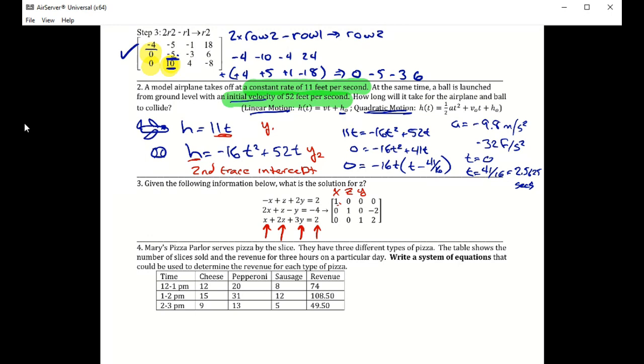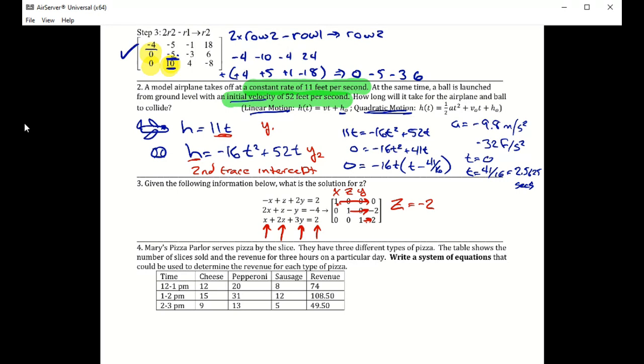The 1 here tells us we have 1x equals 0, 1z equals negative 2, and 1y equals 2. So z equals negative 2. And that's all there is to these. If we have the solution matrix, the 1 tells us which variable, and then the fourth column tells us what that variable equals.